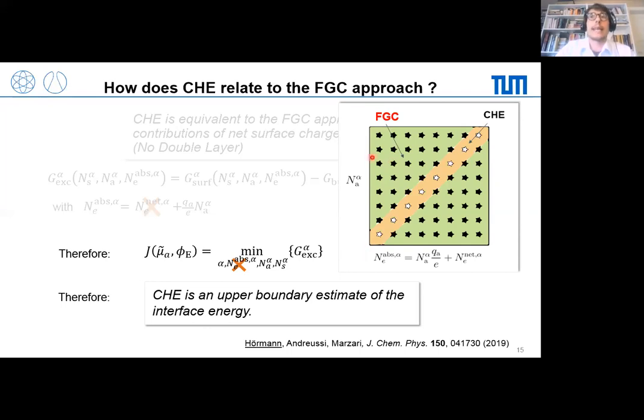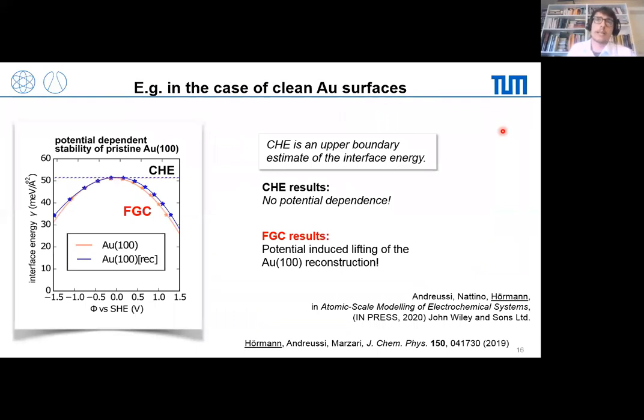We do not do exactly this in the computational hydrogen electrode approach, where we leave away the degree of freedom of the net surface charges, and thus this 2-dimensional phase space is reduced to a 1-dimensional phase space. That is directly related to what I said before, that the Pourbaix diagrams are not 2-dimensional in the CHE, but rather can only yield 1-dimensional plots in the CHE approximation.